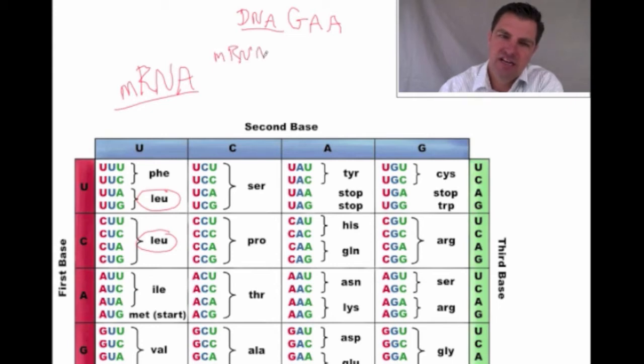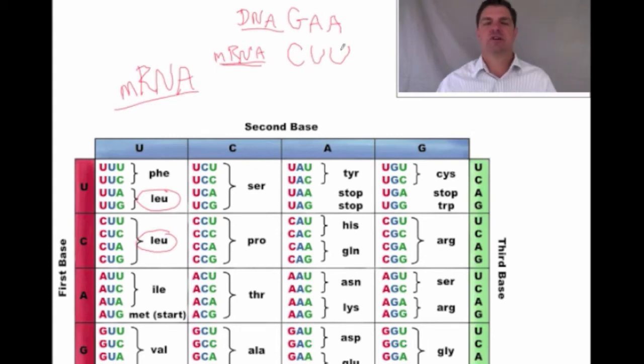When I read that with my RNA polymerase, if my DNA is GAA, my mRNA is going to be CUU. Because remember, there's no thymine in RNA. So instead of having a T here, the base pair with the A would be a U. So I'd have my U binding with my A, my C with my G. So my mRNA would be CUU.